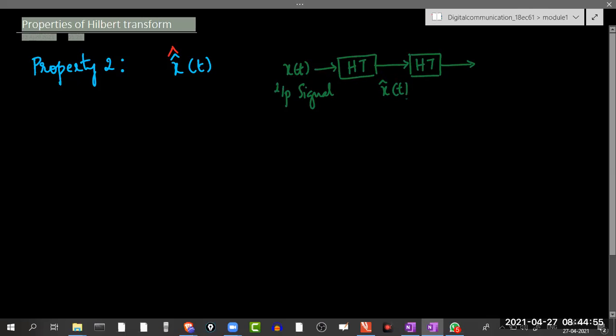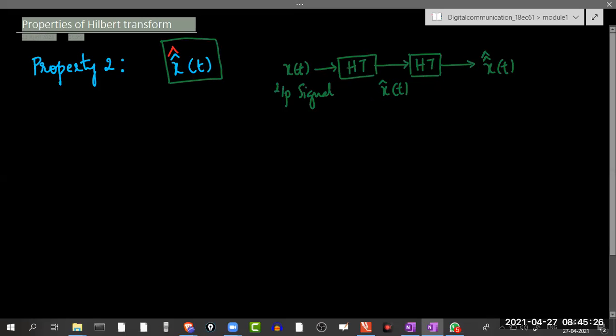Now this intermediate output, when made to go through one more Hilbert transformer block, gives the output signal x double cap of t, because the Hilbert transform operation is represented as cap. So this is the meaning of x double cap of t. Now let's see what this is actually equal to.